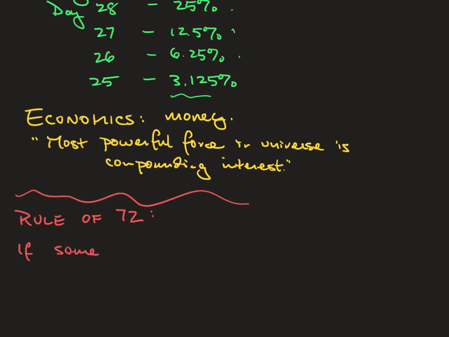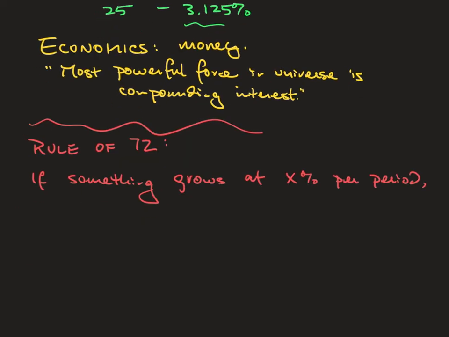If something grows at X% per period, okay, so if your money grows at like 10% per year, the time to double is approximately 72 over X periods.